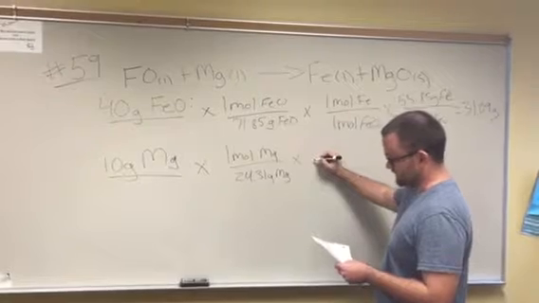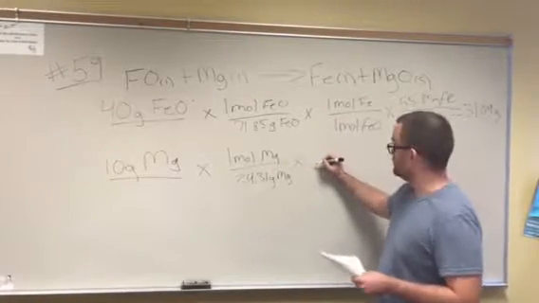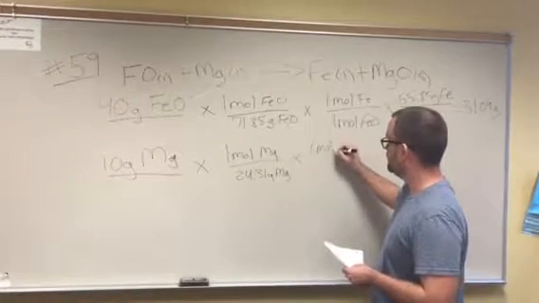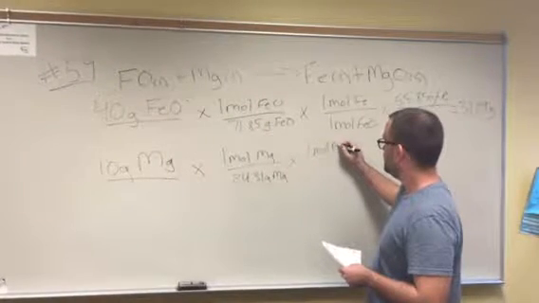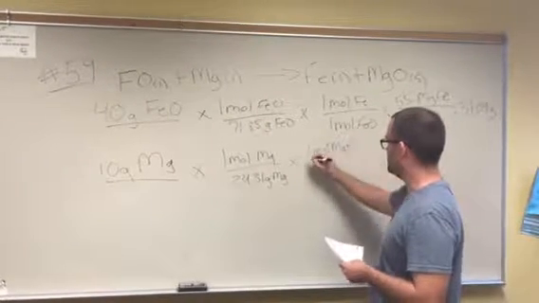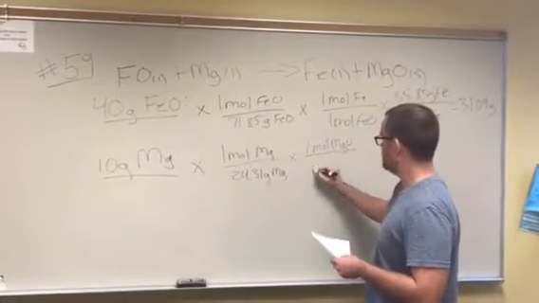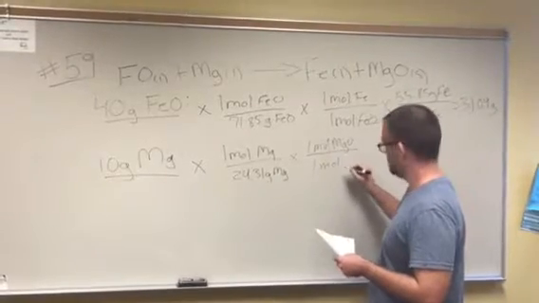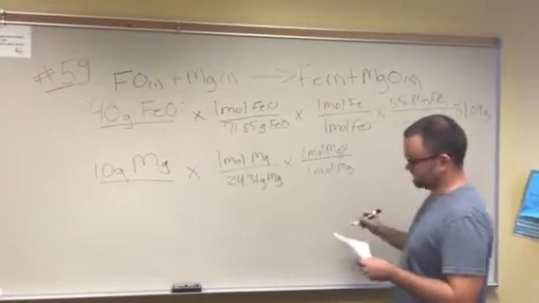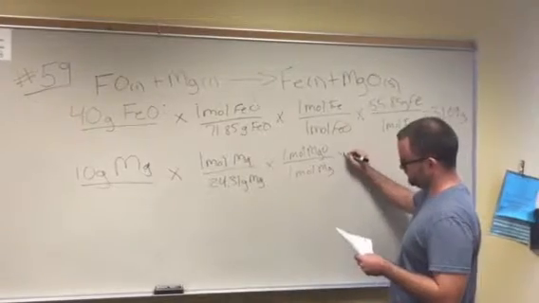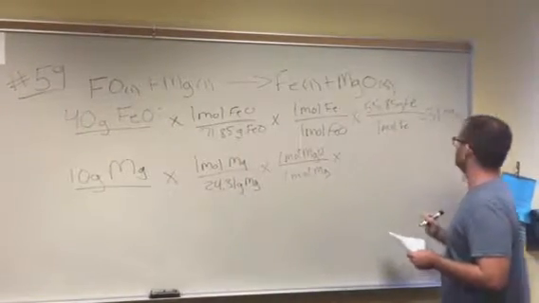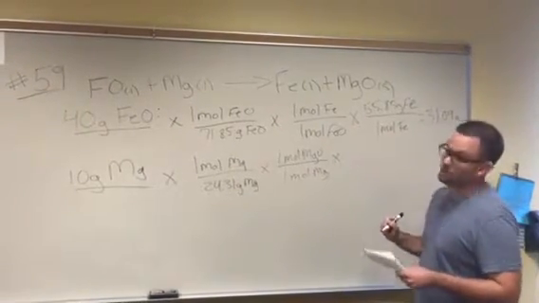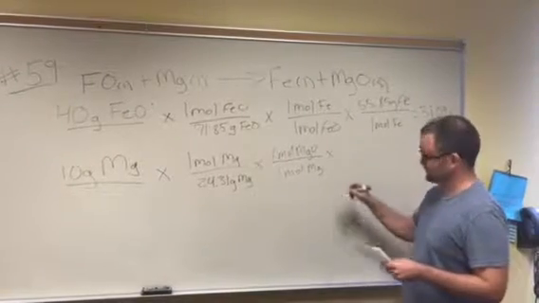Then we're going to convert that into moles of MgO. So 1 mole MgO is equal to 1 mole magnesium. So the next one is find the mass of the MgO that's going to be produced.